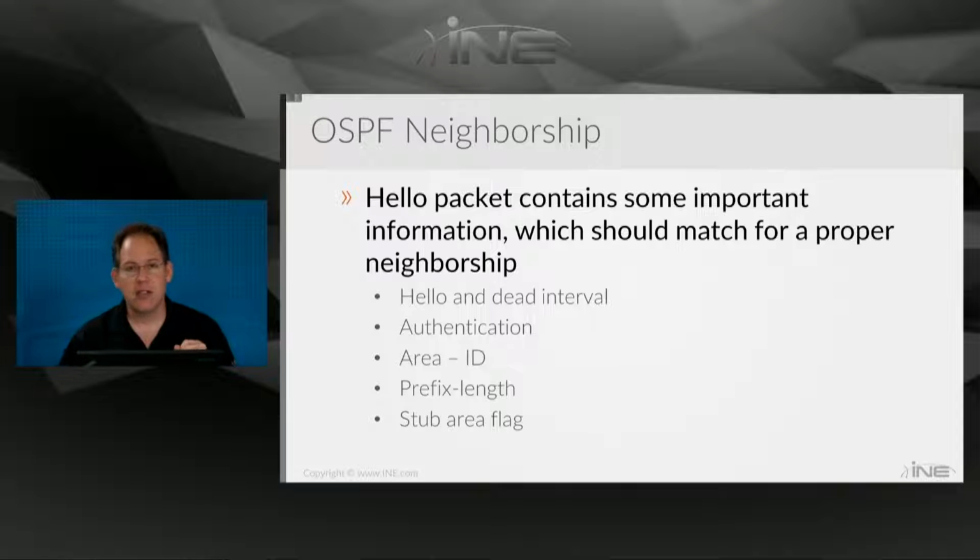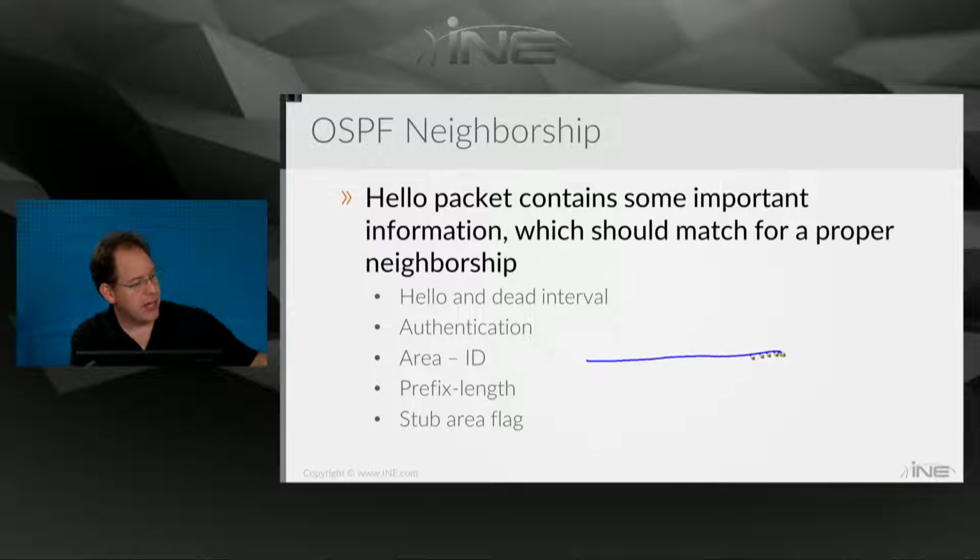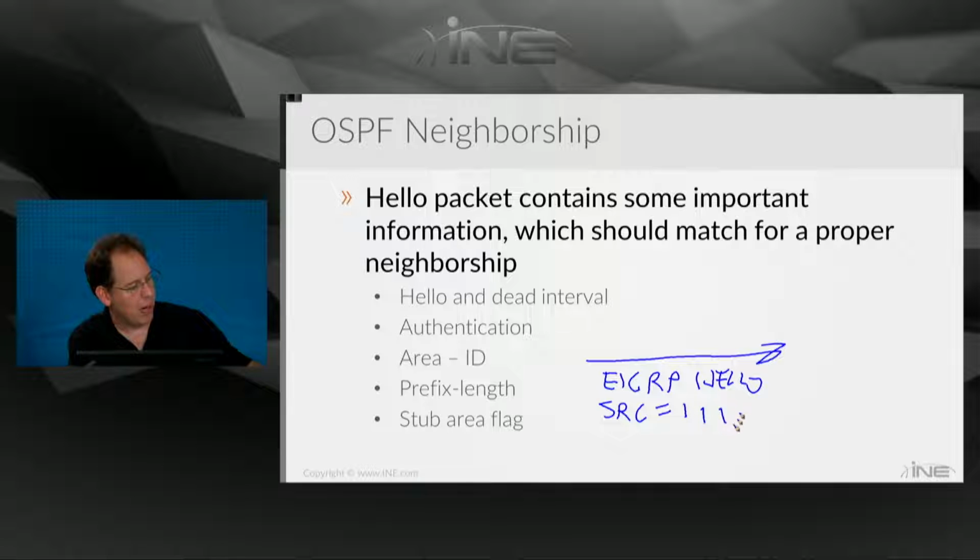The prefix length. So this is also a little bit different than EIGRP. So in EIGRP, let's say I sent you an EIGRP hello packet, and let's say the source of that packet was 1.1.1.1.